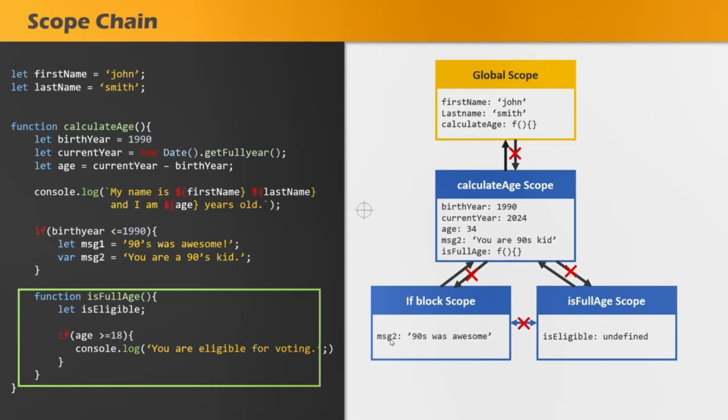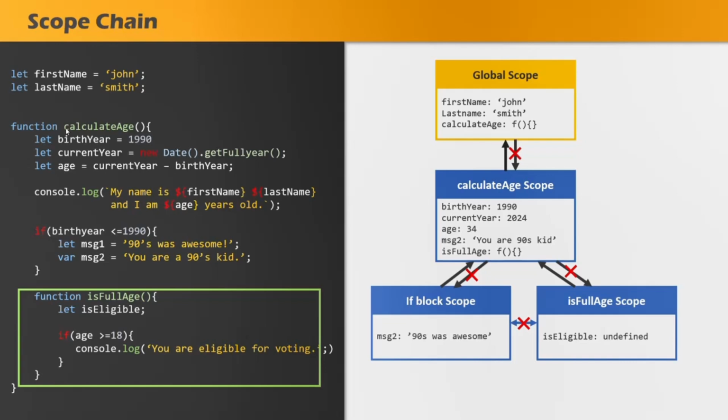So I hope now you understand how a scope chain gets created for a given scope using the lexical environment of an execution context. So here the lexical environment is very important because the lexical environment is the one which creates the scope chain. And it is also important to understand that a lexical environment gets created for an execution context, for a function.